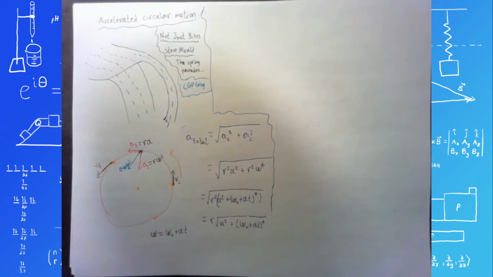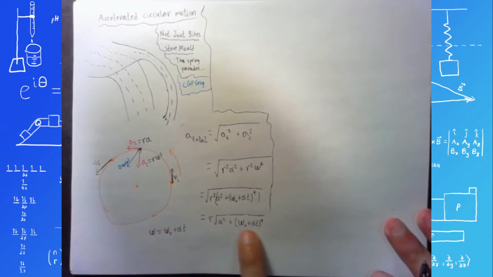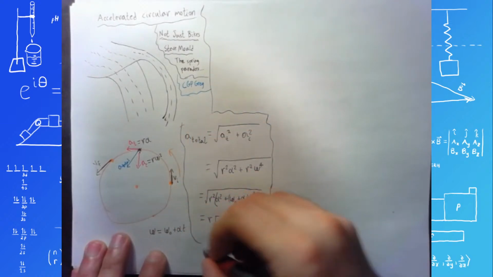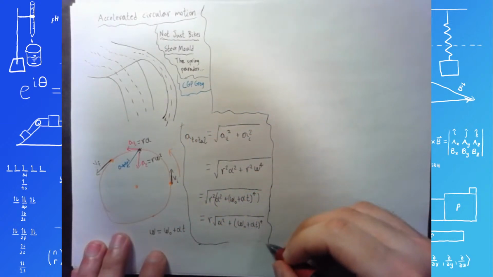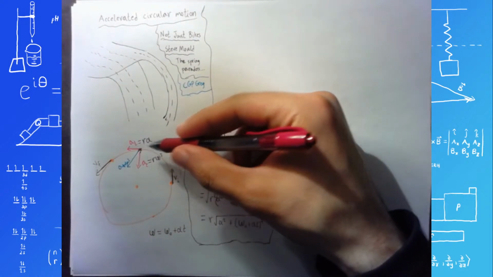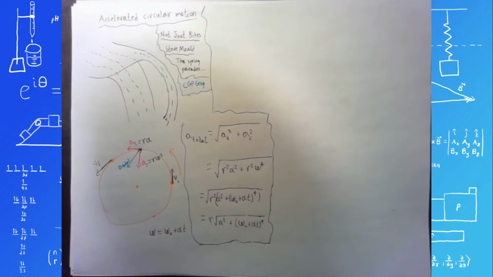But at the very least, what we do see from this is that your total acceleration is indeed a function of time and increases in magnitude as more and more time passes with this driver stepping on the gas pedal and applying a tangential acceleration.